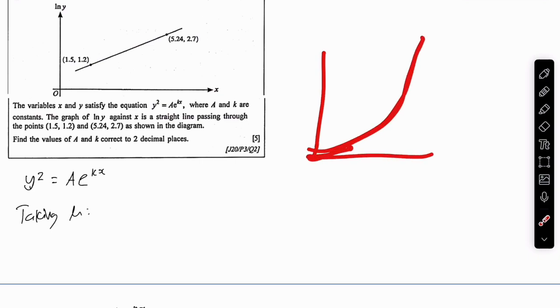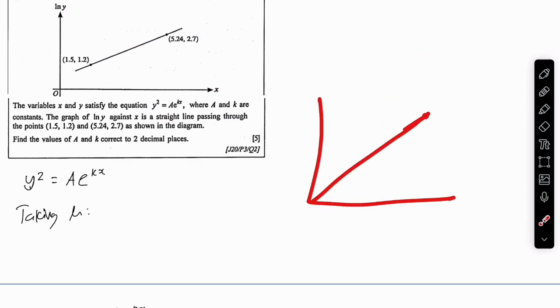And that's not very practical for everyday scientific use, which is why a lot of the time you'll see ln graphs like this. Because they've taken the ln of the graph, and as a result it's a lot easier to plot. So that's the reason why you see these types of questions.